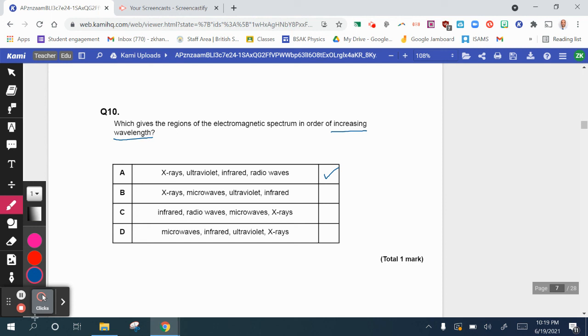So that there is not increasing wavelength, it's all a mixture. Microwaves, infrared, UV, X-rays, that's the complete opposite. That is decreasing wavelength. Okay, so this here is the complete opposite. That will be increasing frequency and decreasing wavelength. This is increasing wavelength and decreasing frequency.